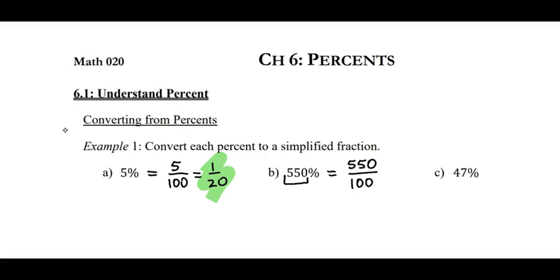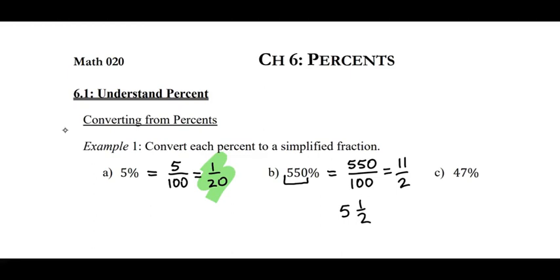What we're going to do is reduce everything by 50. 50 goes into 550 11 times and only twice into 100. So 11 over 2, and when we convert that to a mixed number, we'll have 5 and 1/2.